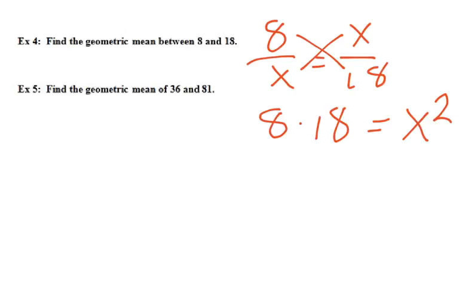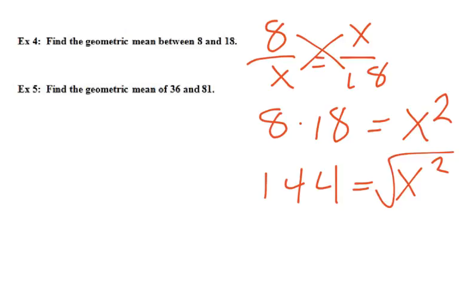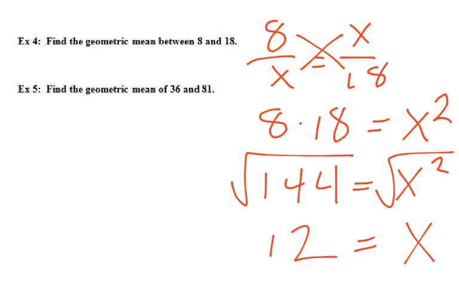Now 8 times 18 is going to be 144 equals X squared, and the square root of X squared is X, and the square root of 144 is 12. Okay?